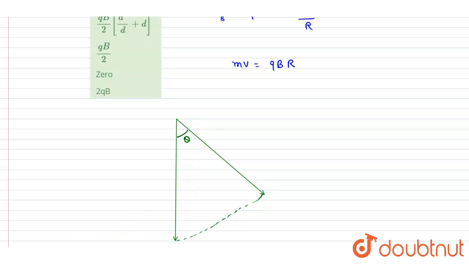So if I draw a line joining this point with this, you see this distance is r cos theta, and this is r, so the remaining will be r minus r cos theta.